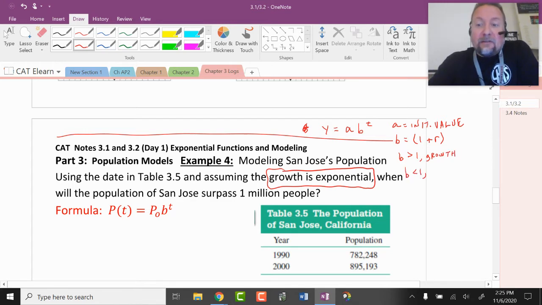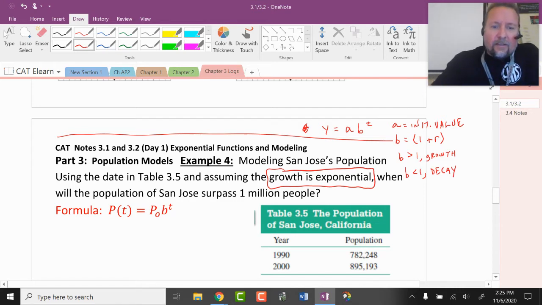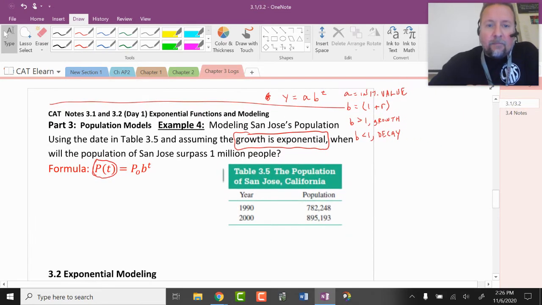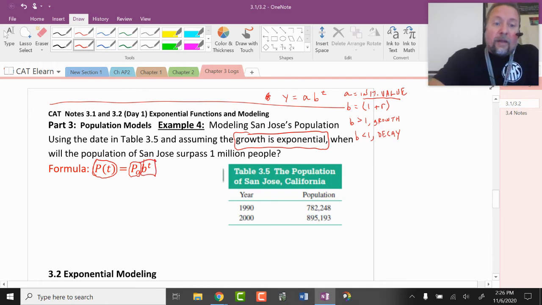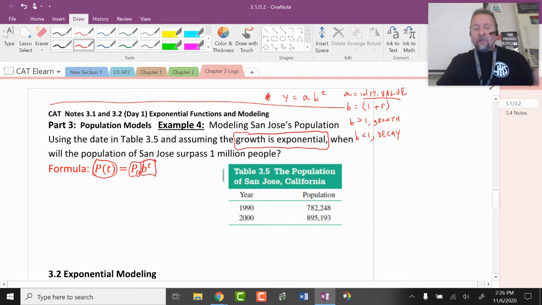When B is less than 1, if you multiply things by numbers less than 1, they go down, and that is decay. So you're saying this doesn't show that? Well, it does. P of t is y, and what P of t stands for is population over time, equals P sub 0, initial population, times B raised to the t. And B is the rate of growth.